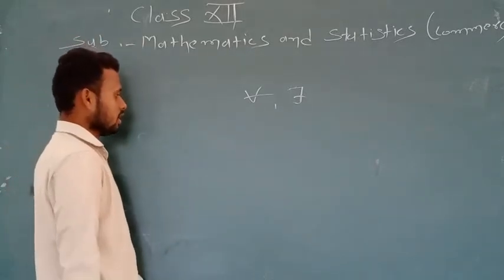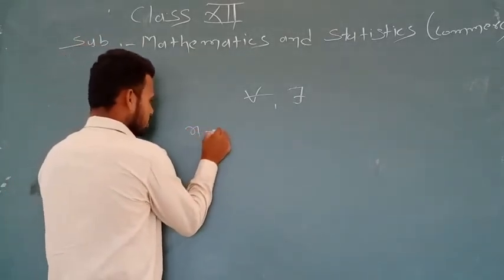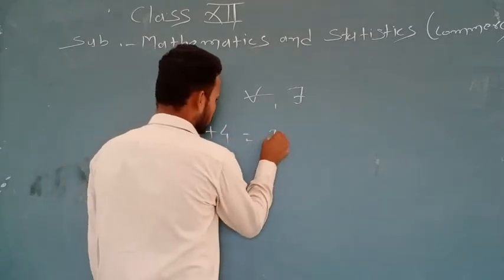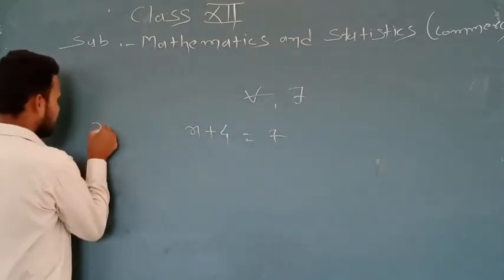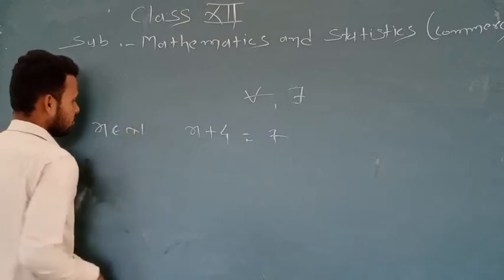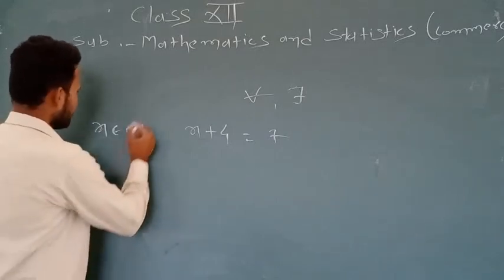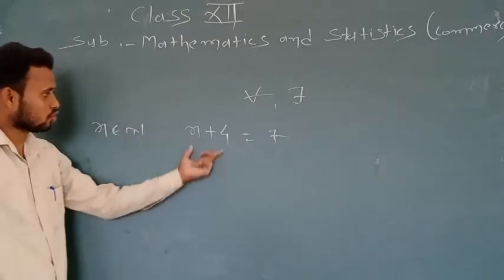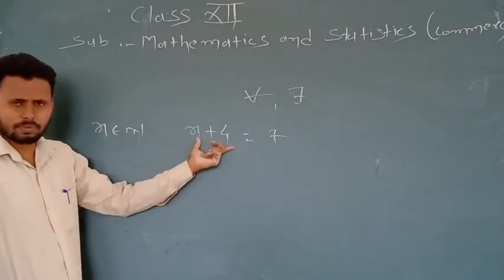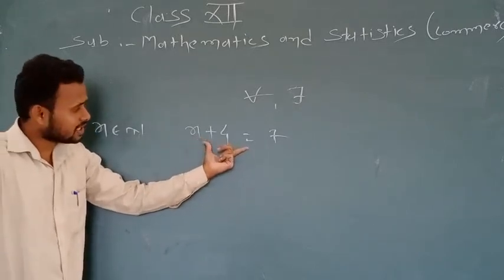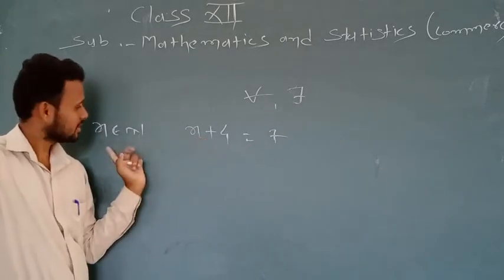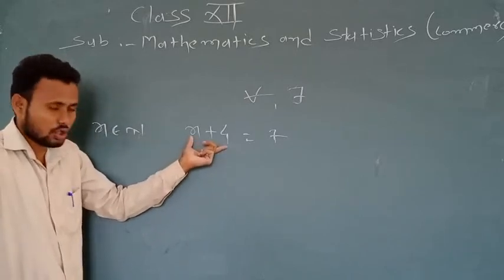For example, x plus 4 is equal to 7, where x belongs to the natural number. It is an open sentence. This open sentence is not a statement, it is only an open sentence.